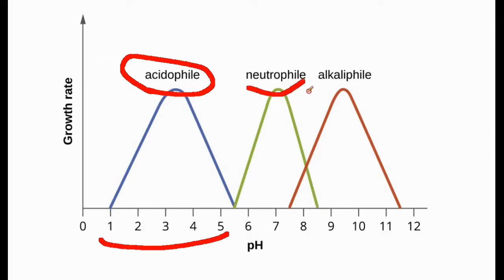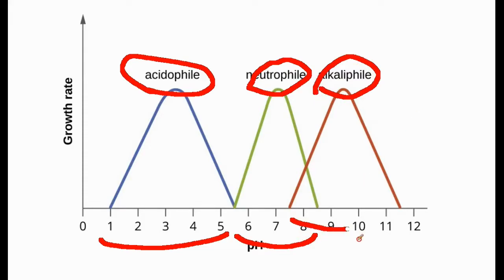Others are said to be neutrophile. They will prefer pHs from 6 to 8.5. And then you have alkalophile microorganisms, which will prefer pHs from 7.5 to 11.5.